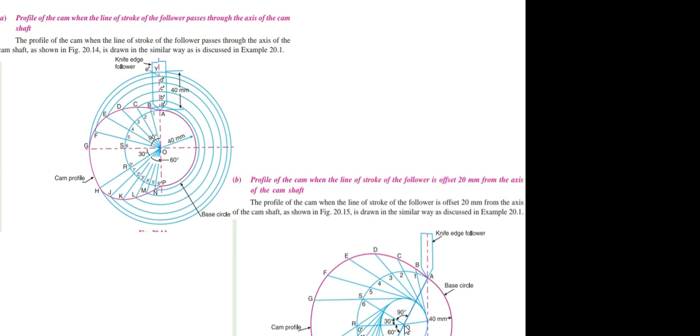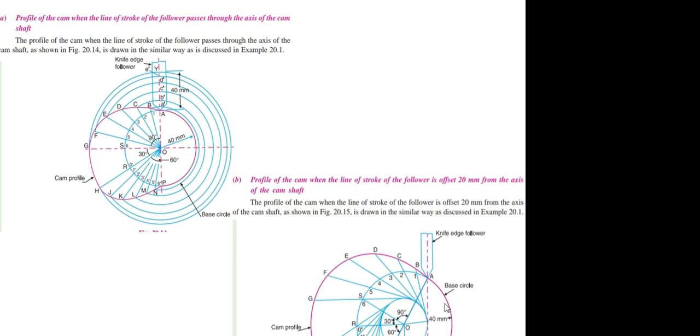So you have to take the offset of the follower on the right hand side of the cam axis, that is, the axis of follower offset by 20 mm from the cam axis on the right hand side of the cam center.